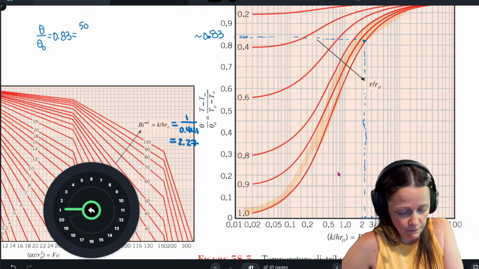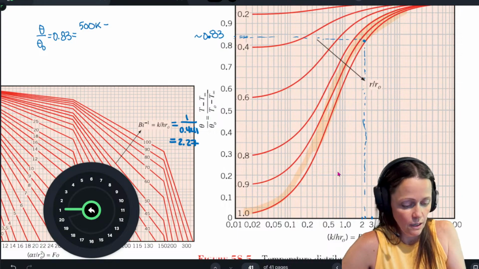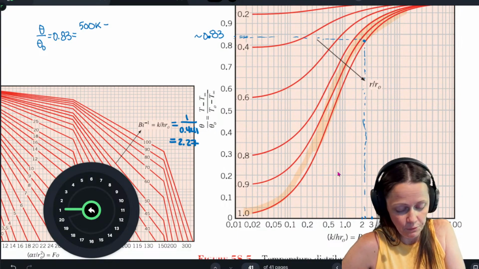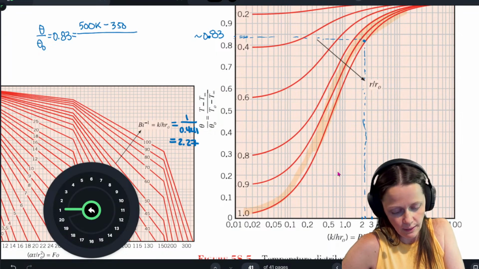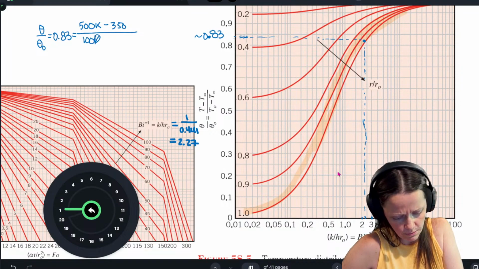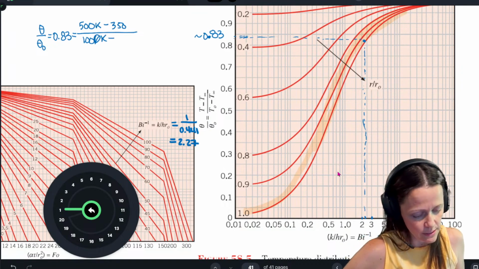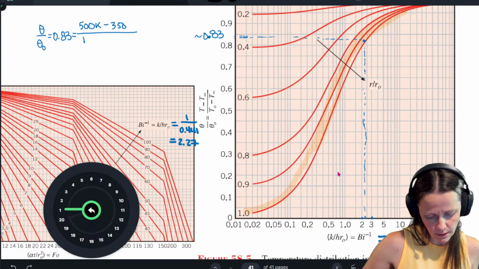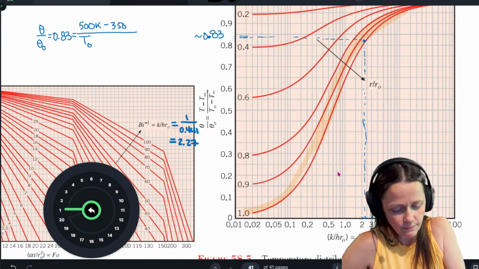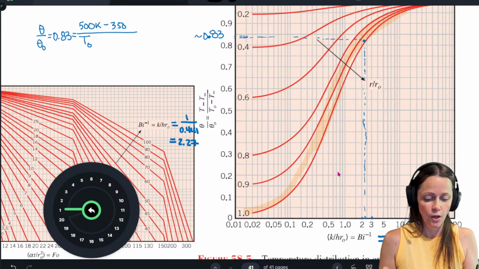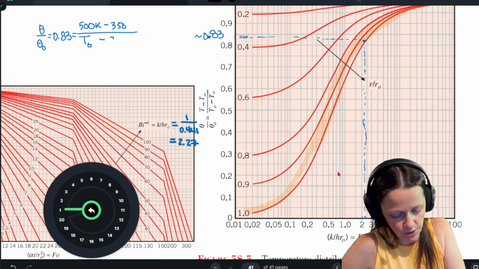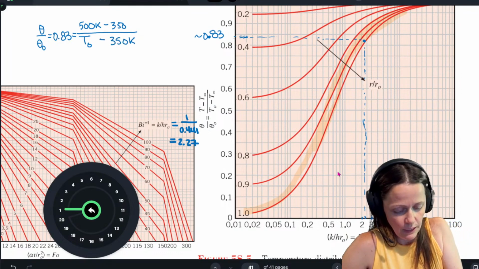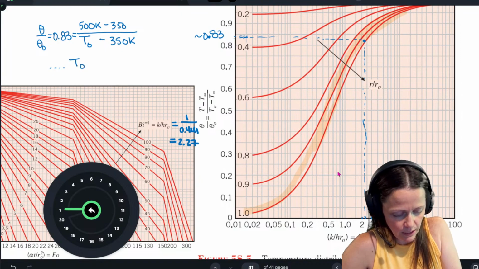So this is going to be 500 Kelvin minus T infinity, 350, over T at the center when the surface is 500 Kelvin minus our T infinity. There we go. And so I should be able to solve for that T naught.